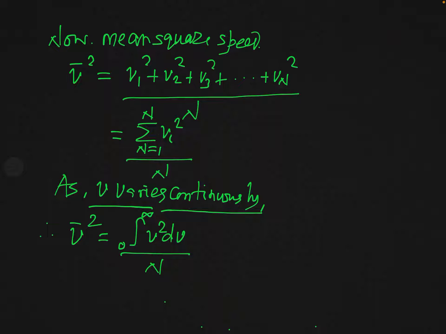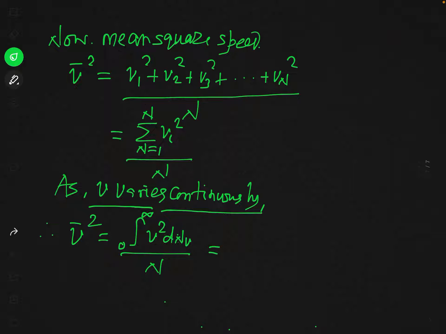Sorry, not dv but dnv. This will be dnv. Why have we taken dnv? You know that the number of molecules having a speed between v and v plus dv is dnv, and so the sum of the squares over the total number of molecules will be v square times dnv.